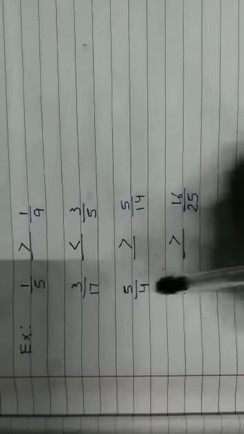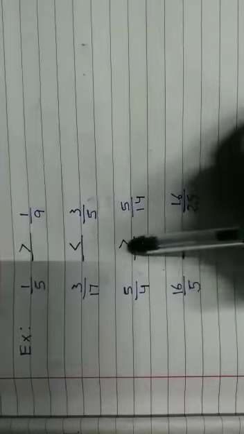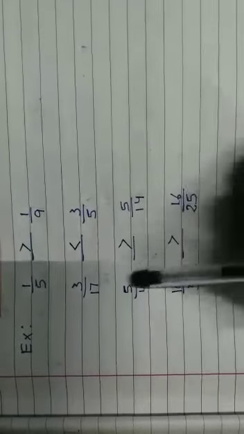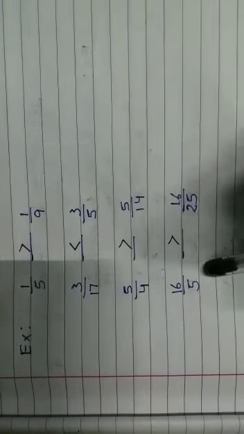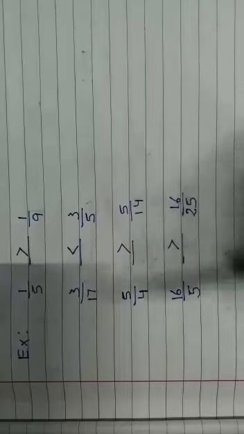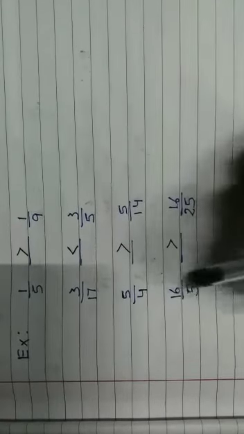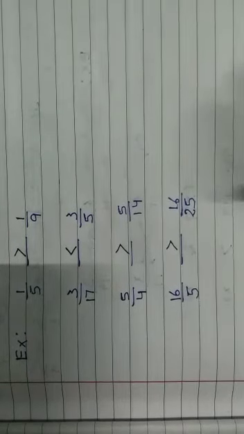Similarly, 5 upon 4 and 5 upon 14. So obviously 5 upon 4 will be bigger than 5 upon 14, because 4 is less than 14. Similarly, in 16 upon 5 and 16 upon 25, because 5 is less than 25, 16 upon 5 will be greater than 16 upon 25. Understood? Okay.